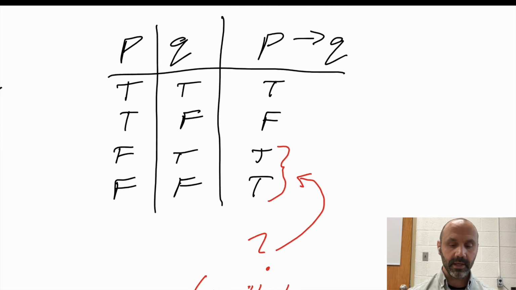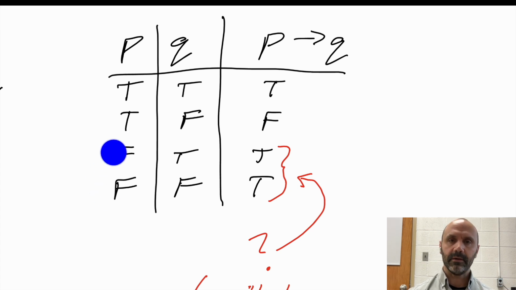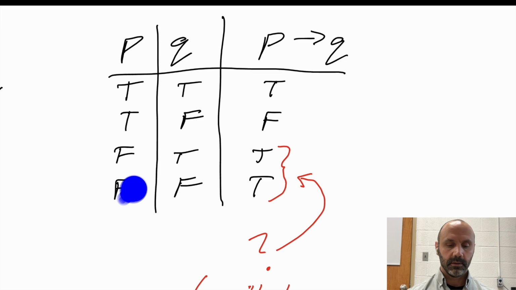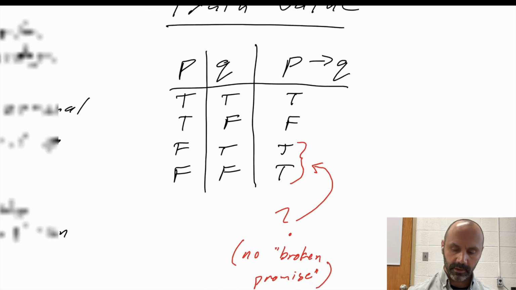However, and this is a little bit confusing, counterintuitive at first, if you have a conditional statement where the hypothesis is false, then the whole statement is considered true. It doesn't matter if the conclusion is true or false. Well, how does that work? You can think of it this way: it's like the promise was never made.